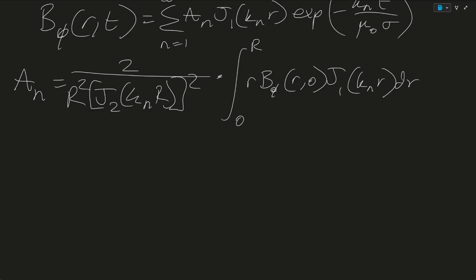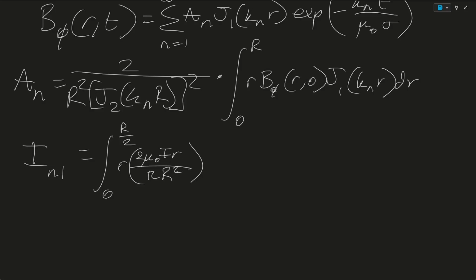Let's evaluate the inner integral from 0 to R over 2. So this is I1, I think, which is equal to the integral from 0 to R over 2 of r times 2 mu naught I r over pi R squared J1 of k_n r dr from the above.